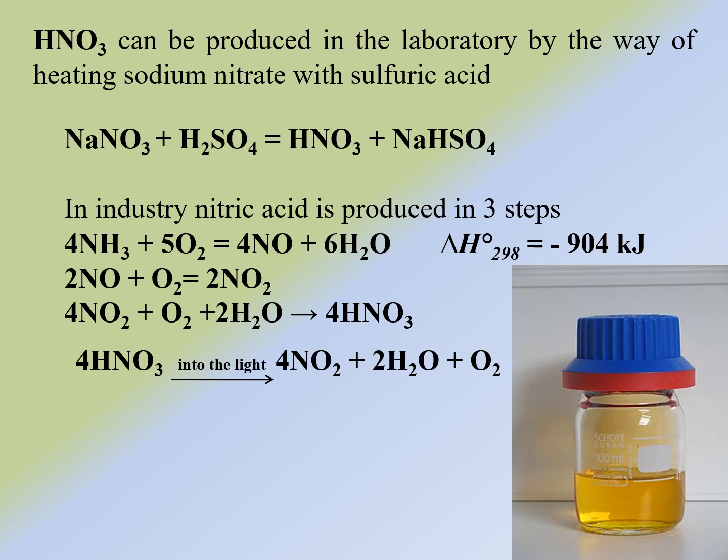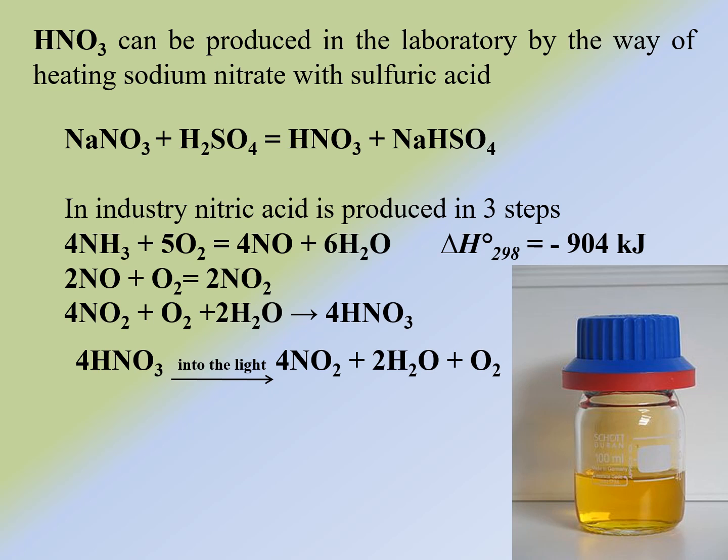How can we produce HNO3? First, they run the reaction between nitrogen and hydrogen and produce ammonia, NH3. Then ammonia is oxidized in the presence of a catalyst to produce NO, and NO is oxidized further to produce NO2, and then NO2 plus O2 plus H2O give us HNO3.